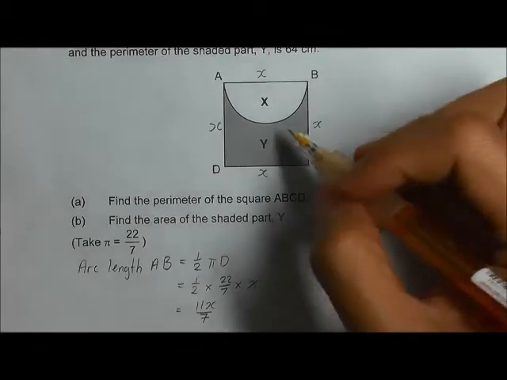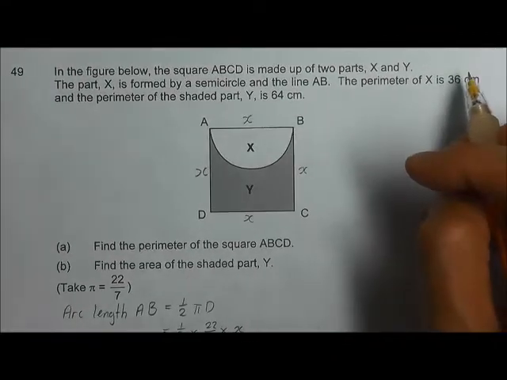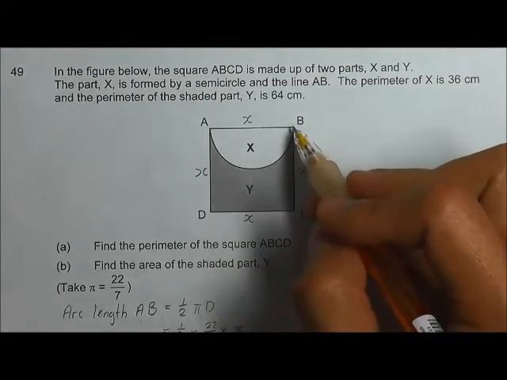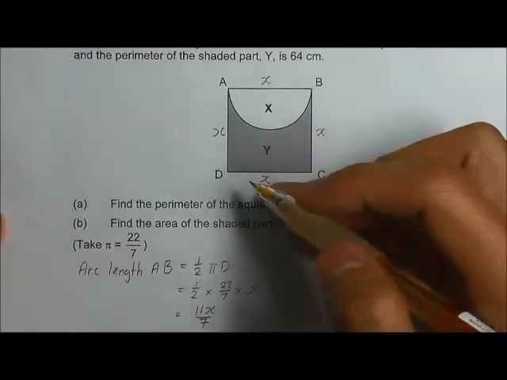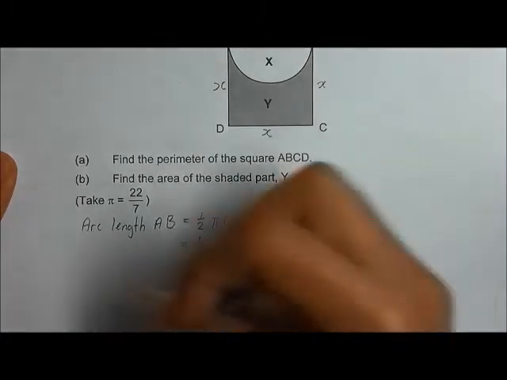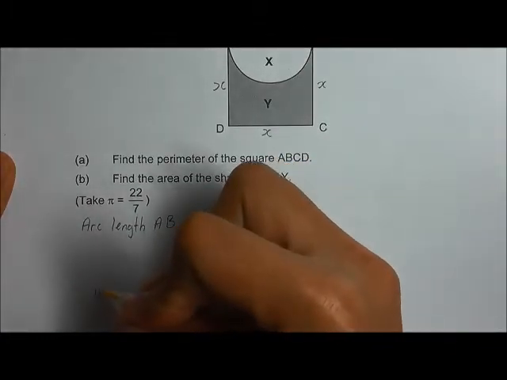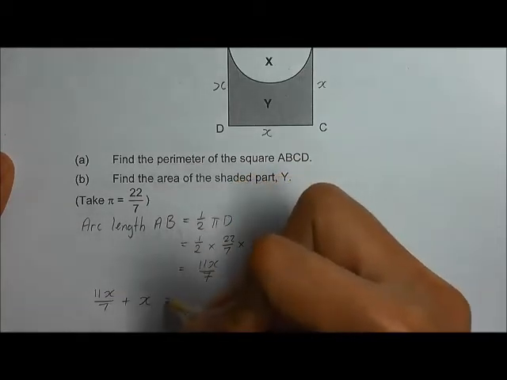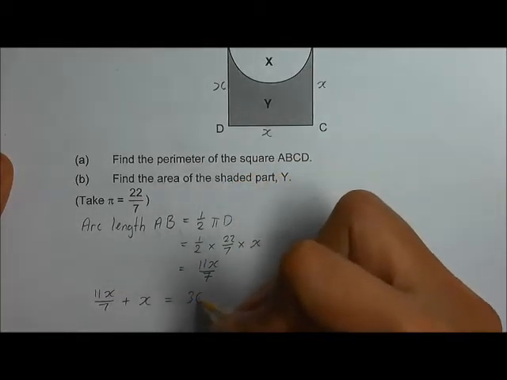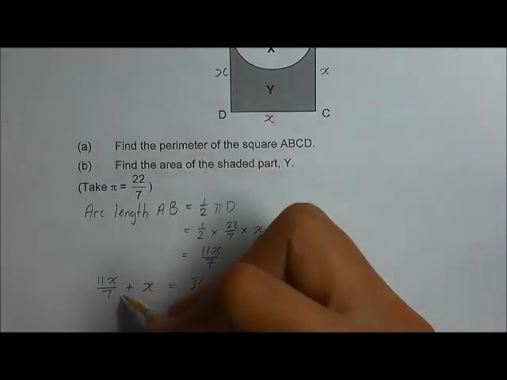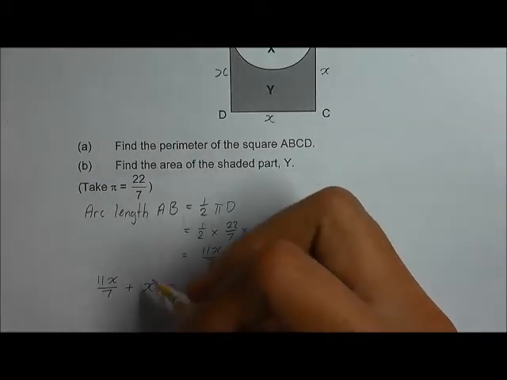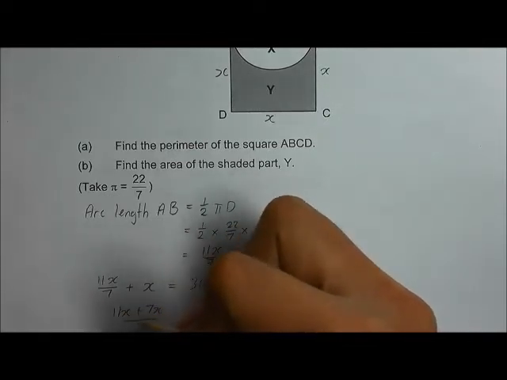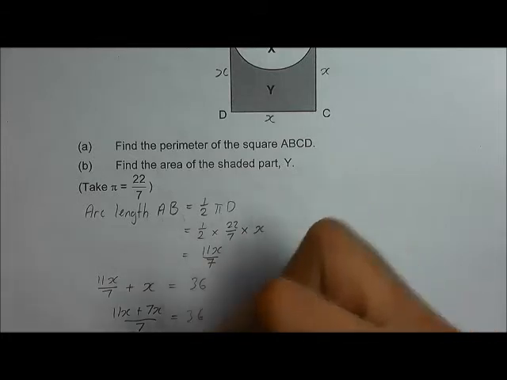And we know that the perimeter of X is 36 cm, and the perimeter of X is the arc length AB plus x. So we can now form an equation. The arc length, which is 11x over 7, plus x, is equal to 36. So we add these two together, it will be 11x plus 7x over 7 is equal to 36.